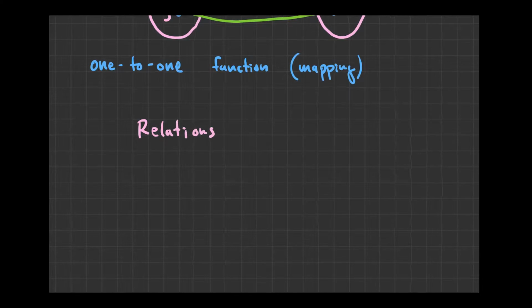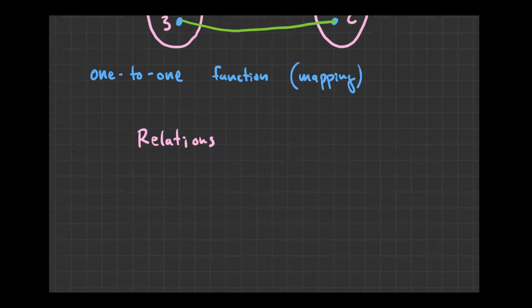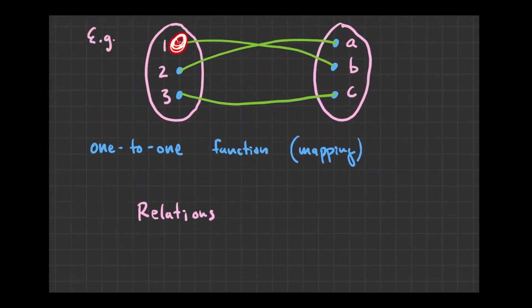Relations just talk about any type of relationship between two numbers. So a one-to-one function also means one number in the domain, one number in the range, right? That's why it's called one-to-one. So one of these numbers is going to be mapped to exactly one of these numbers and vice versa. Every one of these numbers is going to be related to exactly one of those numbers.